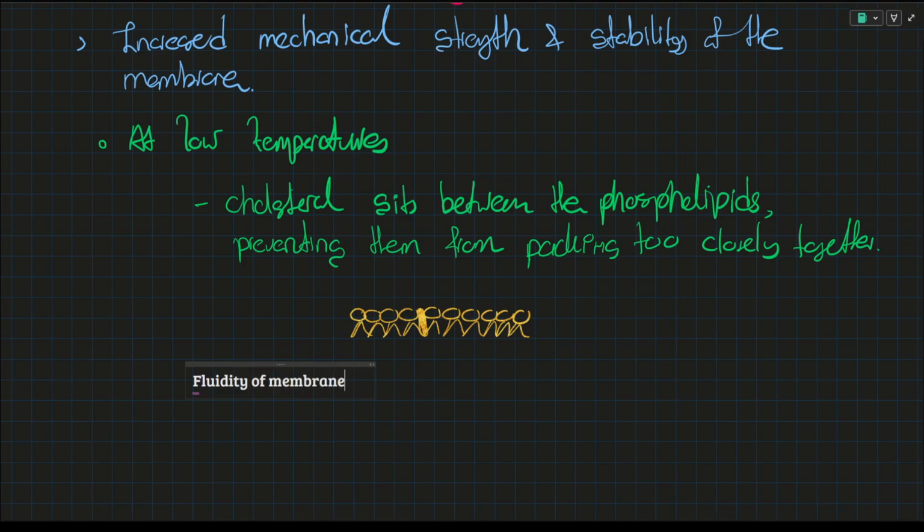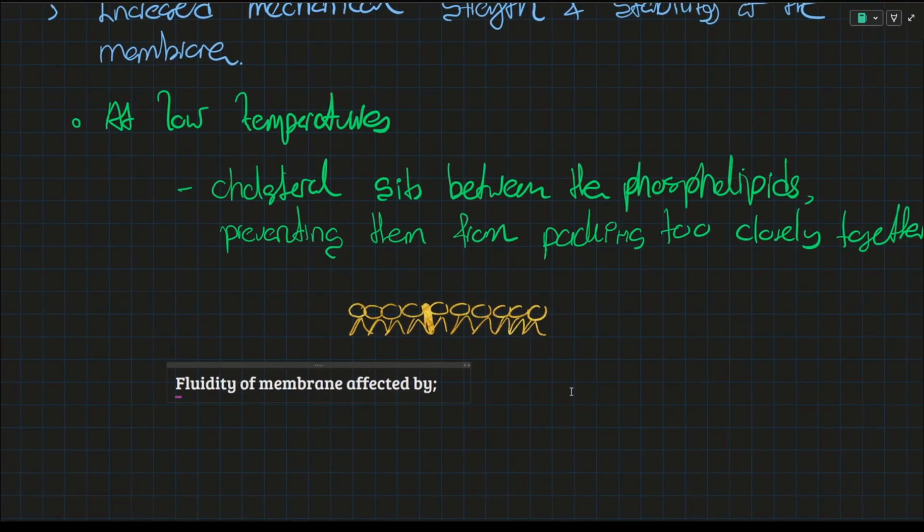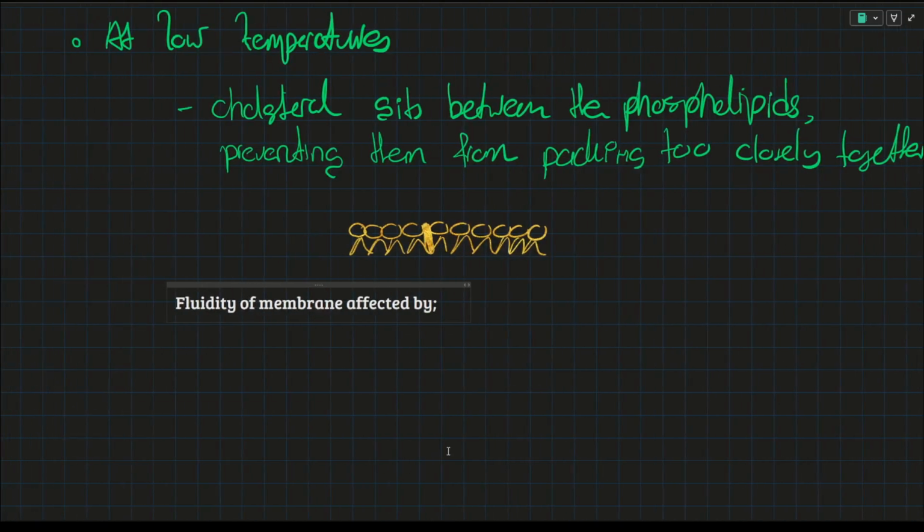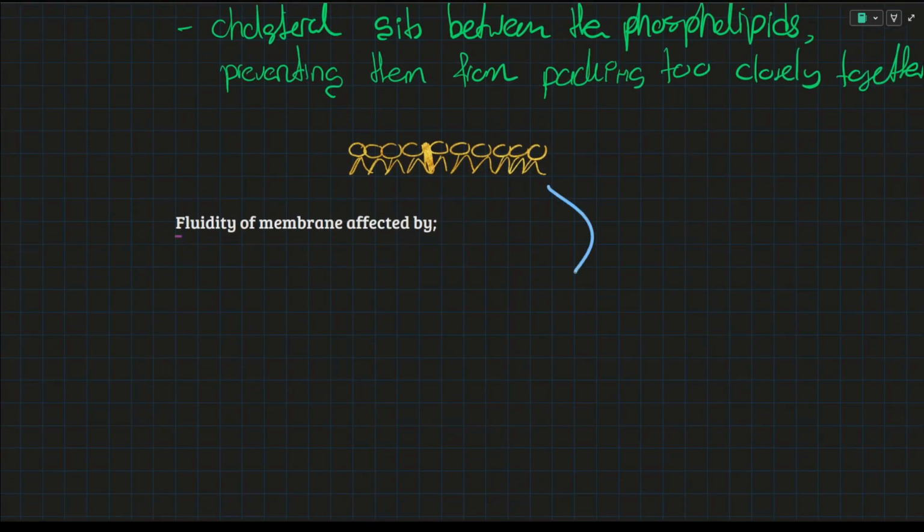Okay. Now, there are actually more factors that go into the fluidity of the membrane. So let's discuss those one by one. The fluidity of the membrane is affected by: point one, unsaturated fatty acids.